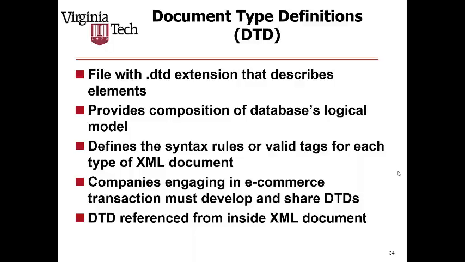We share this definition, and along with the definition file, we share an actual data file, an XML file that has all the data that goes along with those definitions. Just imagine that there's a customer definition in one file, the DTD file, and then there's another file, the .xml file, that contains all the actual data from the customers in the format of that definition.